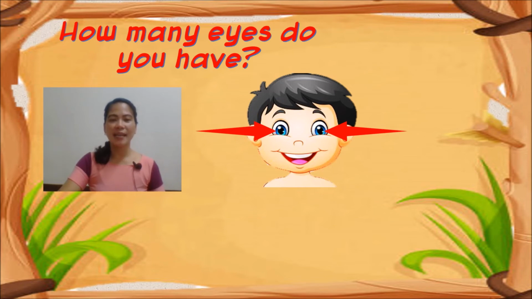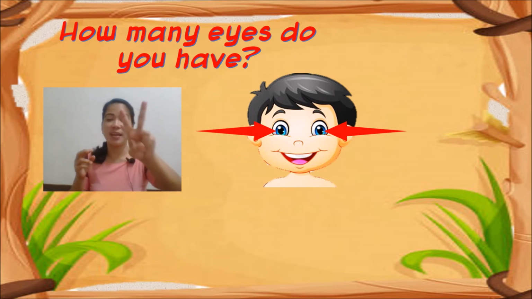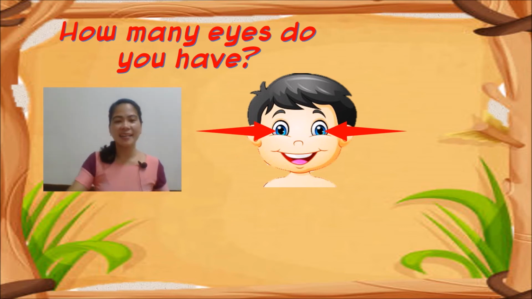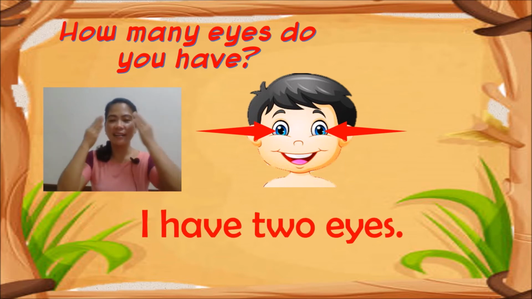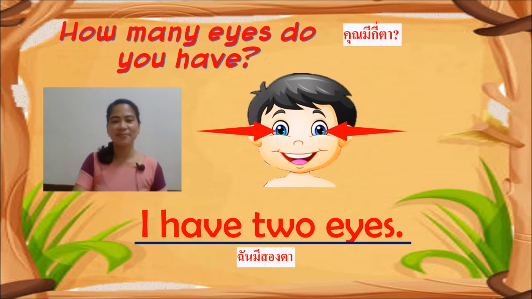How many eyes do you have? Let's count it. 1, 2. Yes, we have 2 eyes. So let's say this sentence together. I have 2 eyes. One more time. I have 2 eyes. And the translation.